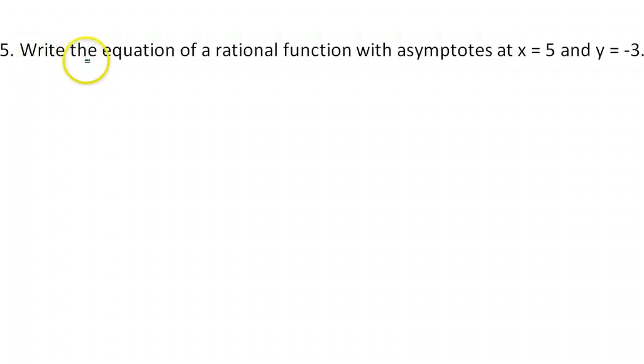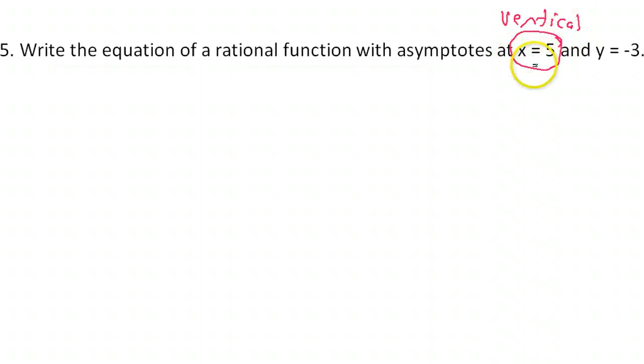Alright, number 5. Write a rational equation with asymptotes at x equals 5 and y equals negative 3. Please understand, x equals 5 is a vertical asymptote.